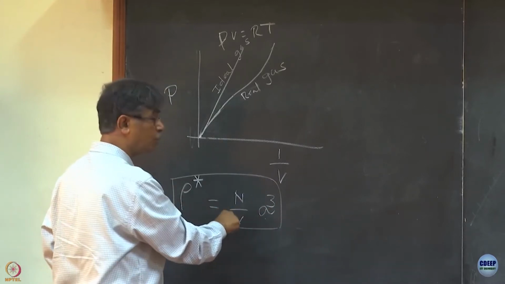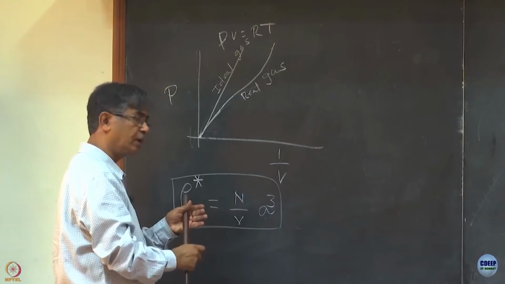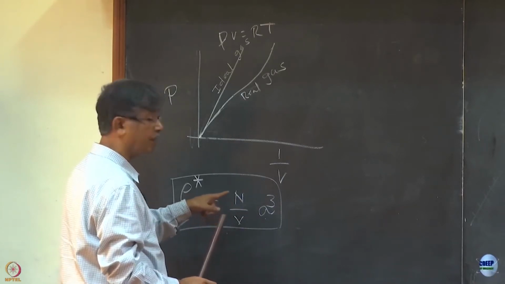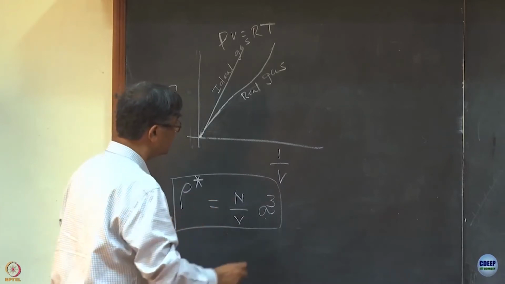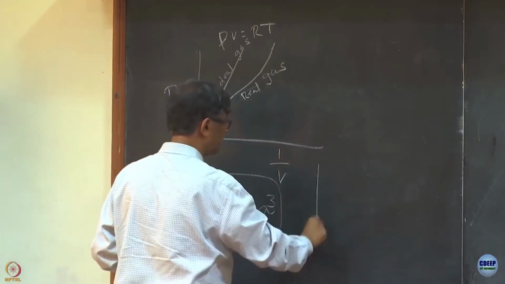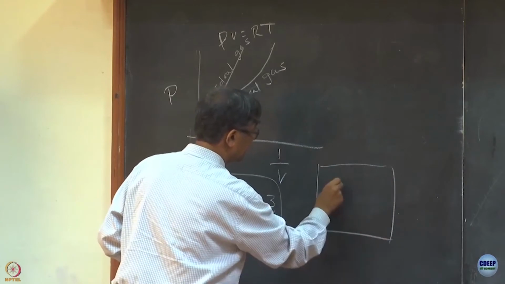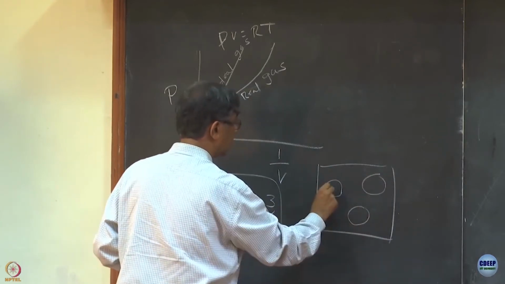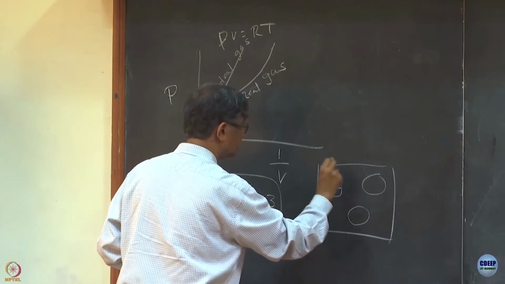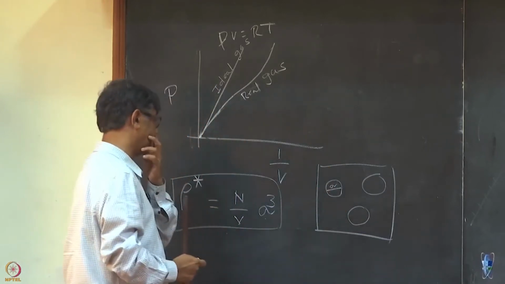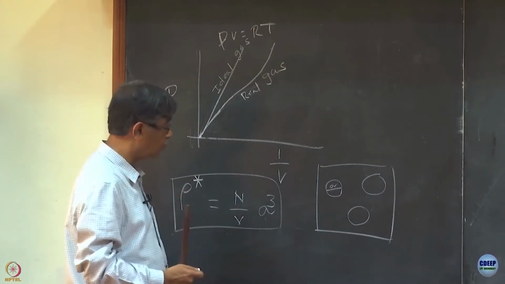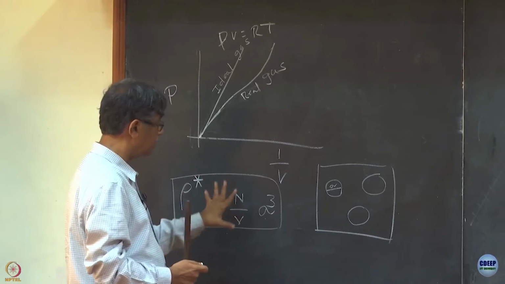So, n sigma cubed is a kind of fraction of the volume occupied by molecules. If I have these kinds of molecules and this is sigma, then pi by 6 sigma cubed would be the volume each one occupies, so you get a measure of that.